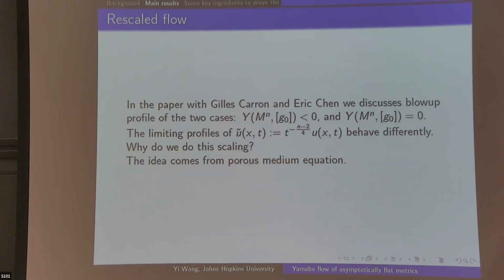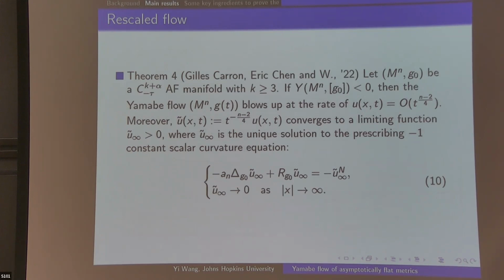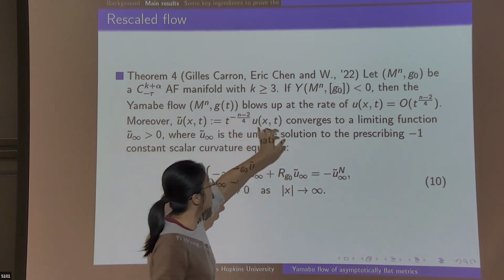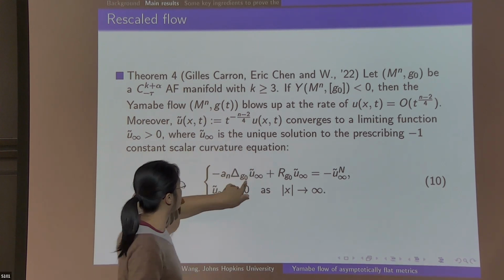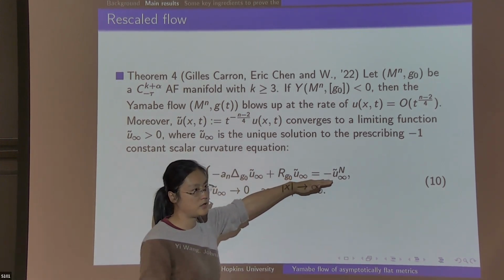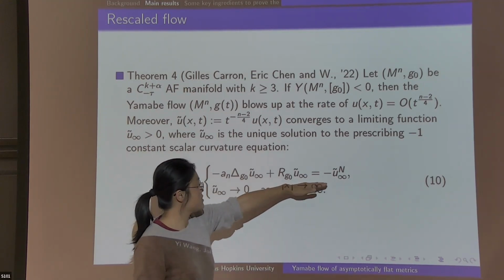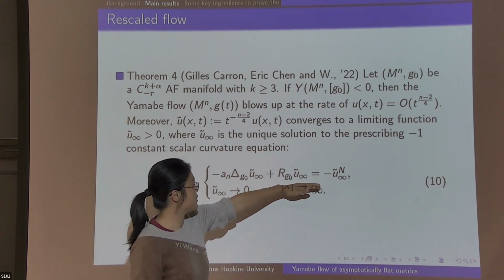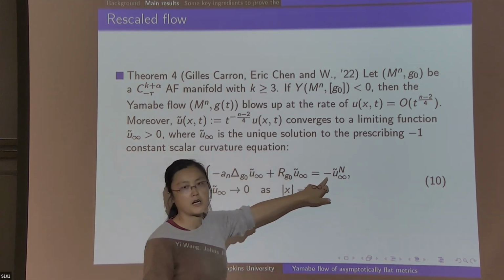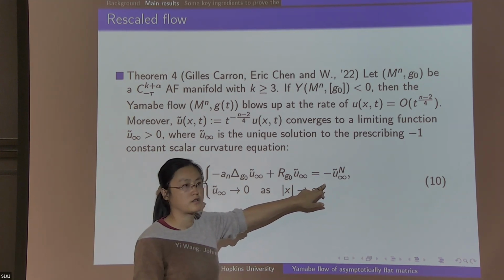Okay, so this is a result about the profile. On the one hand, if the Yamabe constant is strictly less than 0, we do this scaling, and we can show this converges to this function u tilde infinity, which is positive and satisfies this equation. What this equation tells me is that this is actually the constant scalar curvature -1 equation.